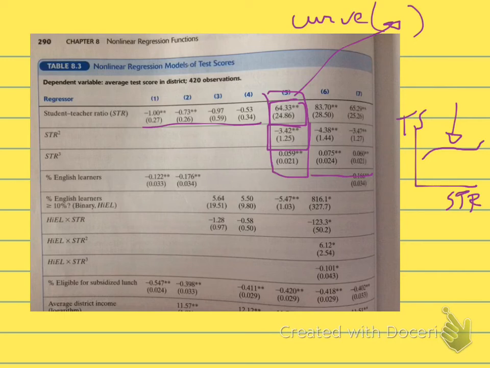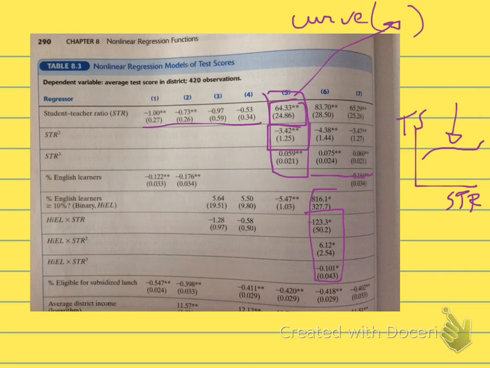We notice that it's pretty robust across the three specifications where we have these squared and cubic terms. The coefficients don't change too much, and when we look at the interaction terms of high English language learners times student-teacher ratio, we do see that it's somewhat different. They're significant at the 5% level in this specification. One asterisk here, remember, means at the 5% level.